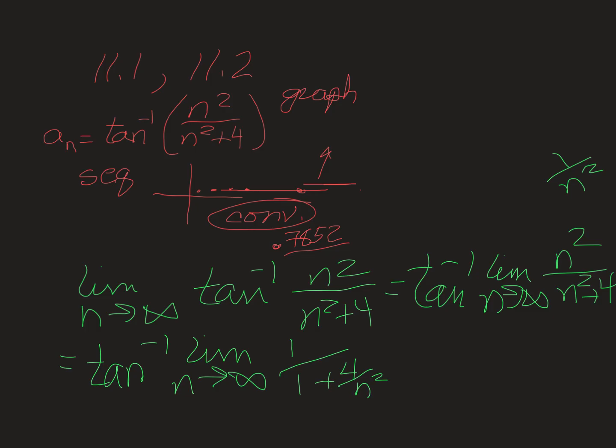Once we see that, as n goes to infinity, this term will go to 0, and we're left with 1 over 1. So we get the inverse tangent of 1, and that is equal to pi over 4.